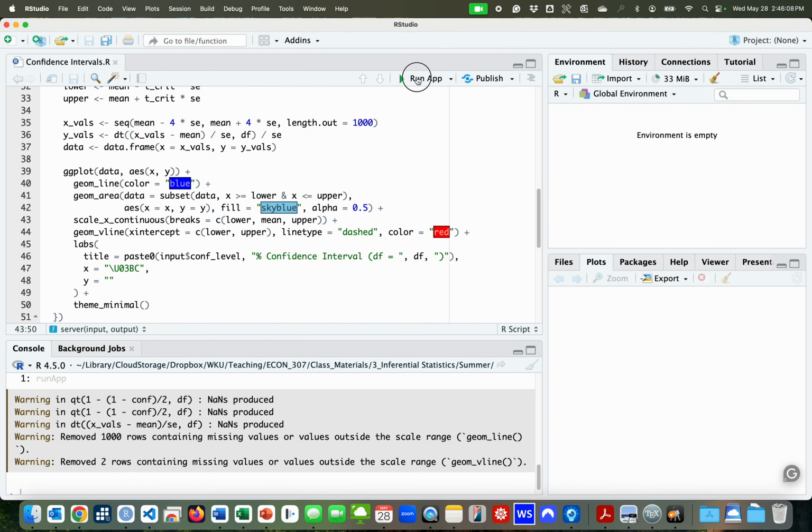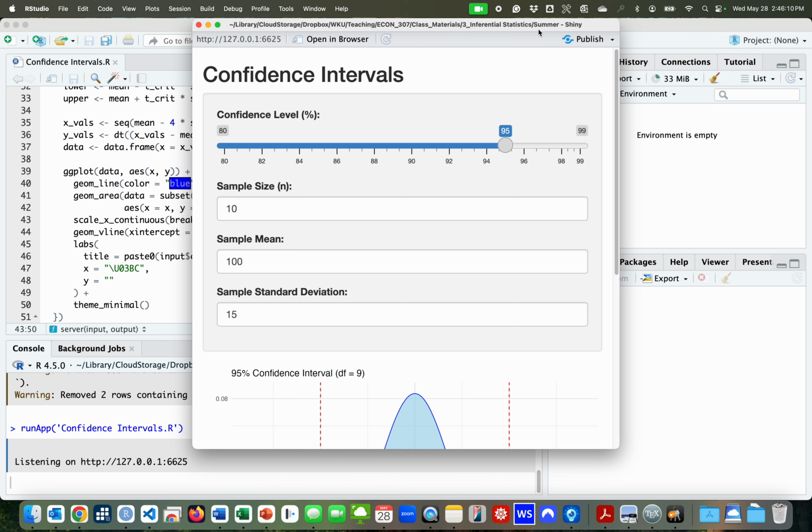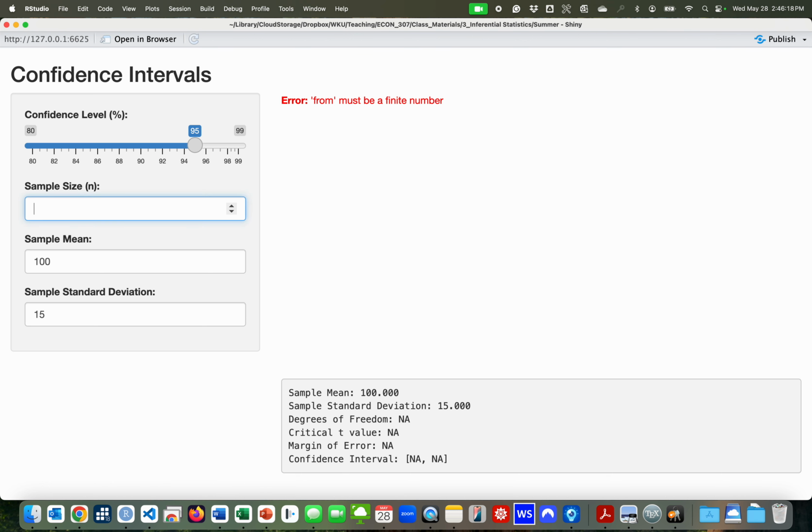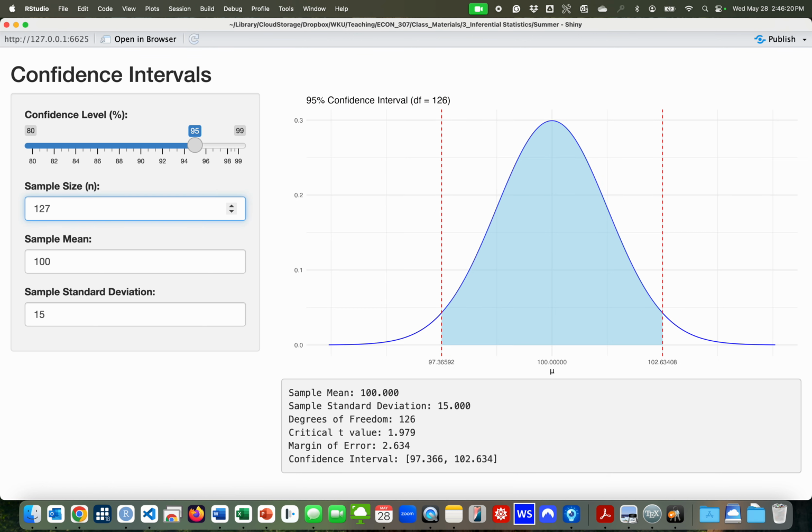Oh, looks like it's already up. So I'm going to build my confidence interval using the information that we have in this problem. Our sample size was 127. Our sample mean was 1.89%, and the sample standard deviation was 6.05%.